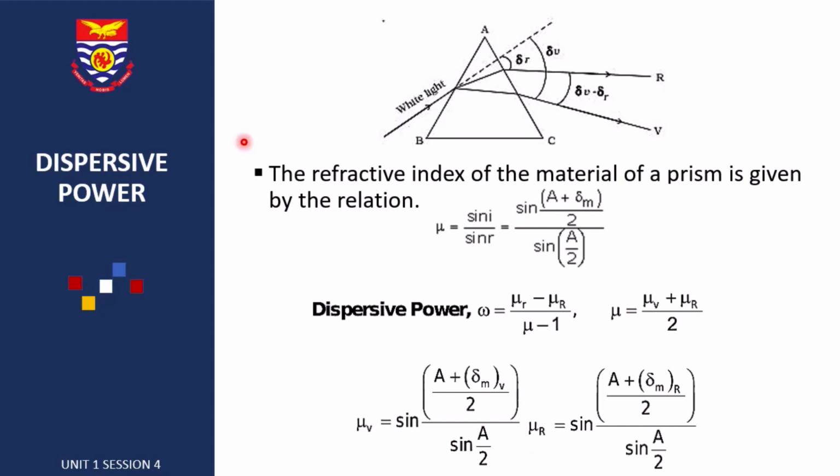And here, from the formula, we have the dispersive power equal to the refractive index of V minus the refractive index of R, all over the average, that is the refractive index of V plus the refractive index of R divided by 2, which we can find by this formula, and we can also find the refractive index by this formula. Is that okay? So this is the dispersive power.